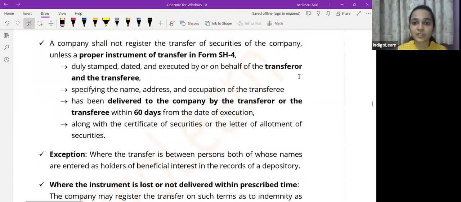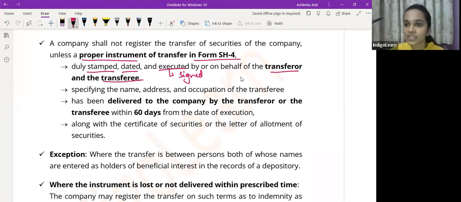Okay. So section 56 says a company shall not register the transfer of securities of the company unless a proper instrument of transfer in form SH-4 is filed with the company, which is duly stamped, dated and executed. Executed मतलब signed by or on behalf of the transferor and the transferee.